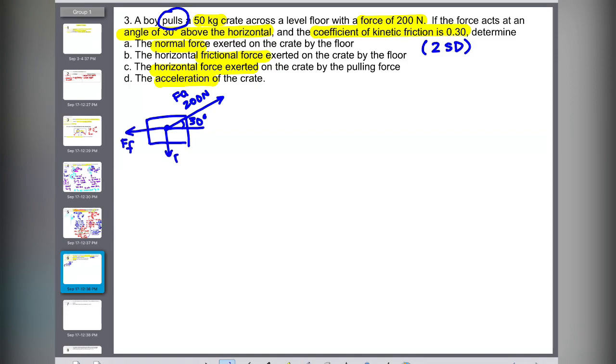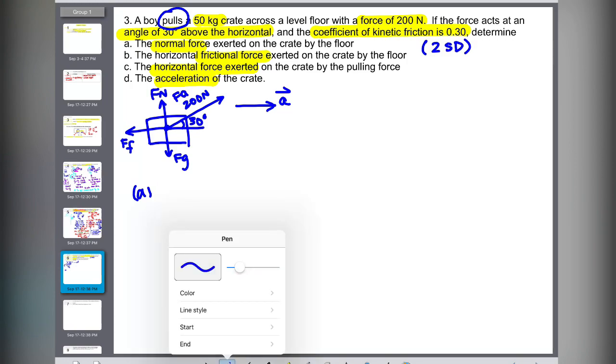It does have a coefficient of friction, so it does have force of friction, force of gravity, and force of normal. First question asks, what is the normal force? So what is Fn? And one more thing, does it say it's going at a constant velocity? No. So I'm assuming that it's going to the right, on level ground.